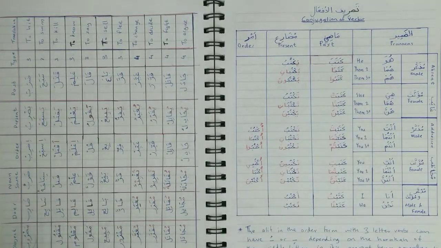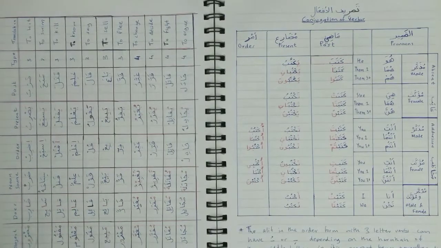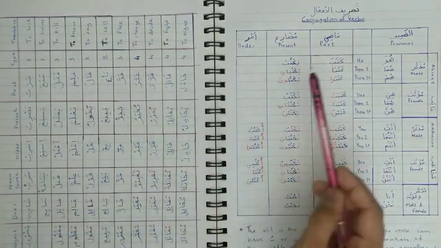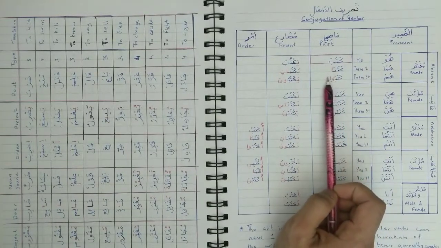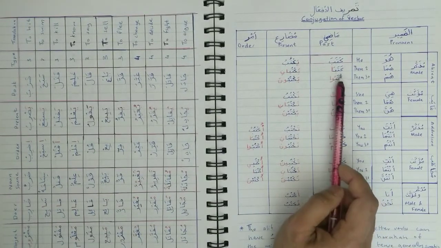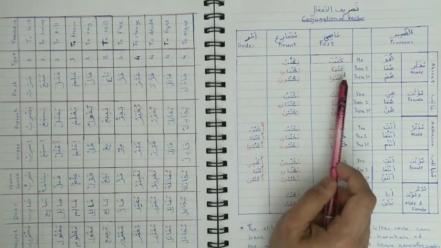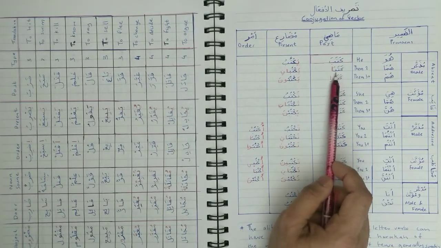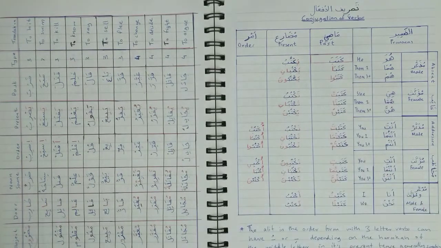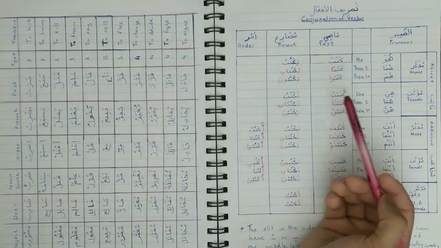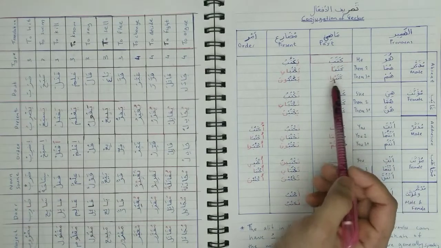Ahmed and Faris wrote. If you want me to complete the example, I could say Ahmed and Faris wrote a poem. So I could say Ahmed wa Faris kataba shi'r. So shi'r basically means poem.